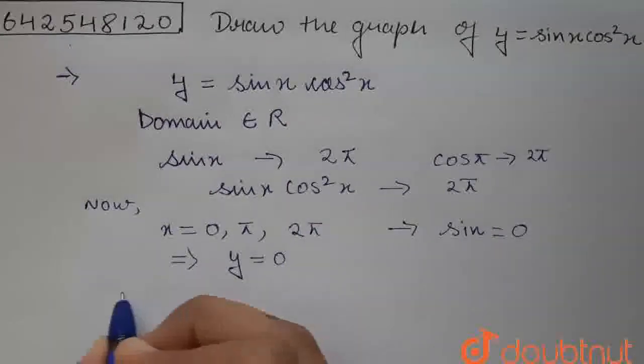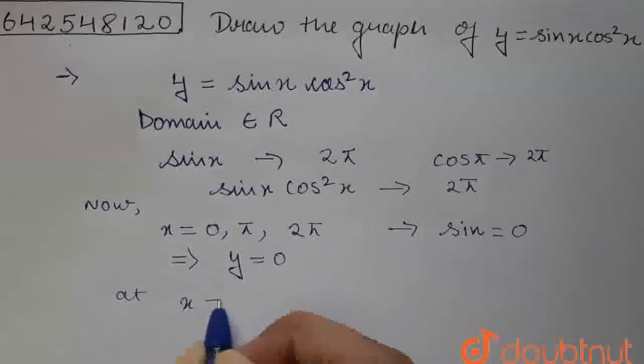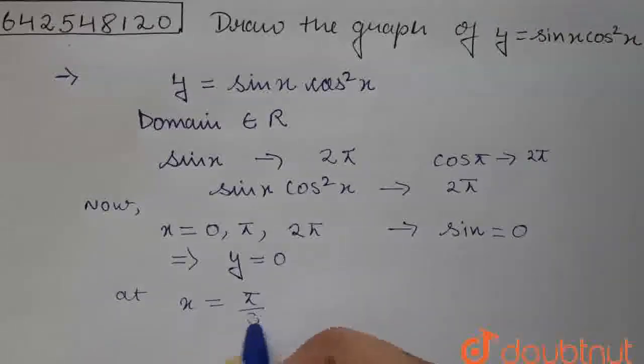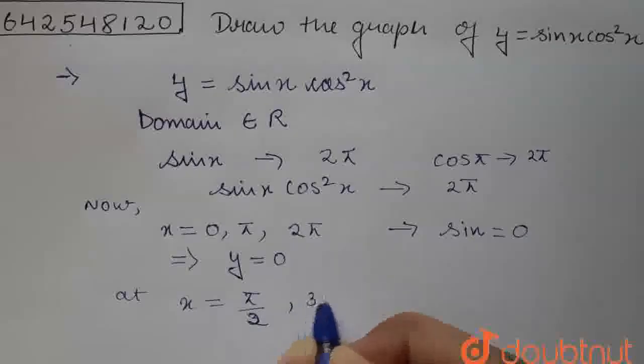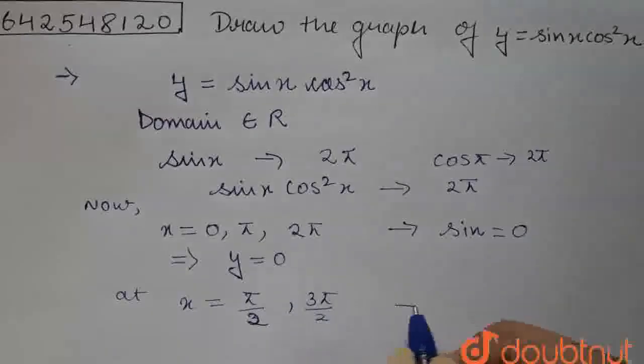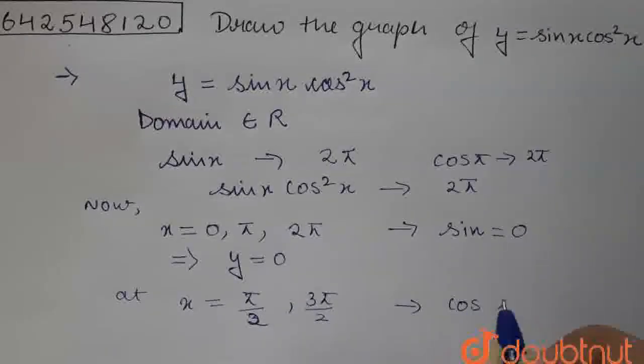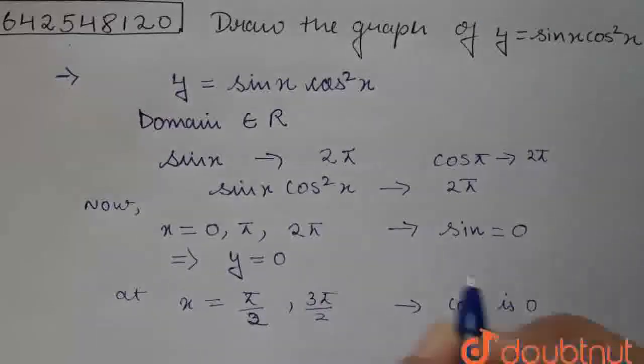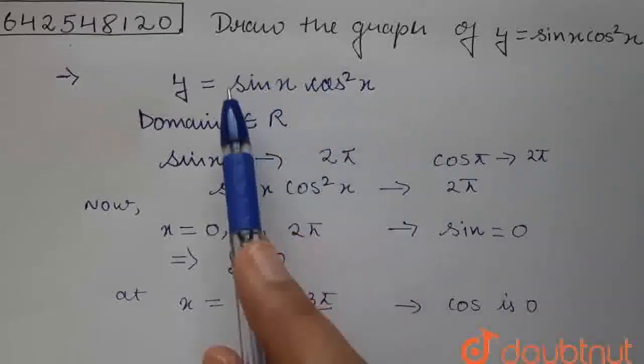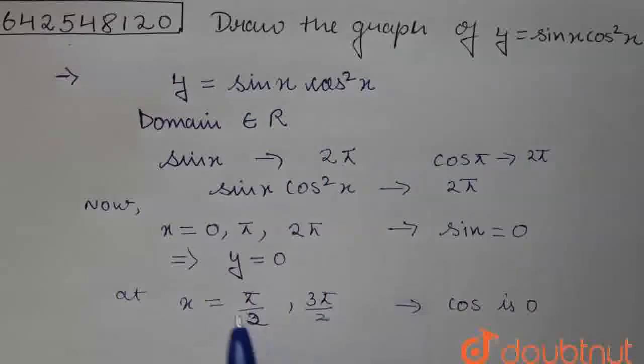Similarly, at x is equal to pi by 2, 3 pi by 2, cos is 0. So if cos is 0, then this whole term again will be equal to 0. So at these points also y will be equal to 0.